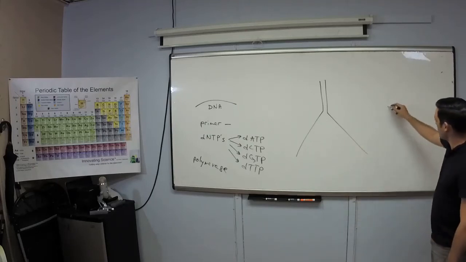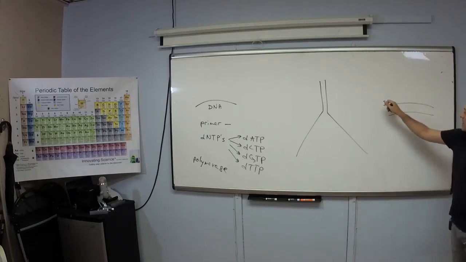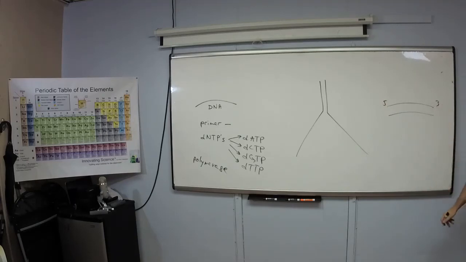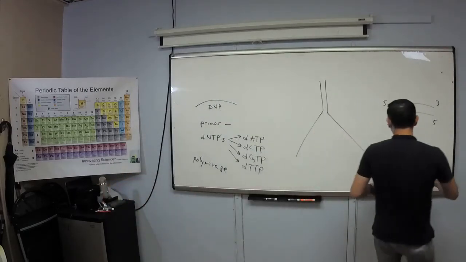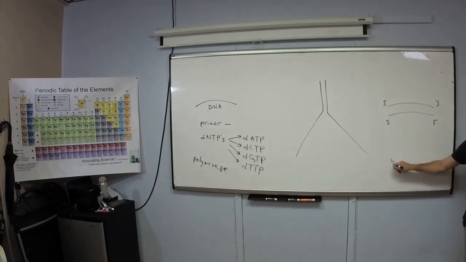One thing we need to know is when you have double-stranded DNA, one side goes from 5' to 3' direction, and the other side goes from 3' to 5' direction. They're complementary, and they go in opposite directions. So DNA is synthesized from the 5' to 3' direction. We just saw that.